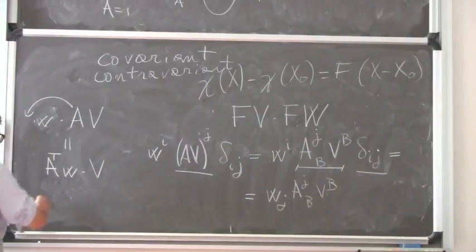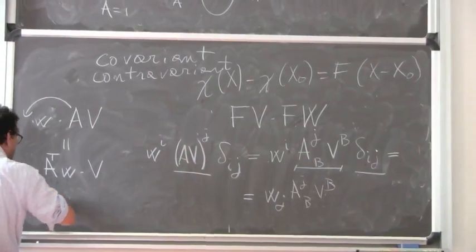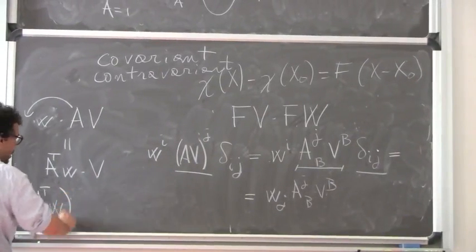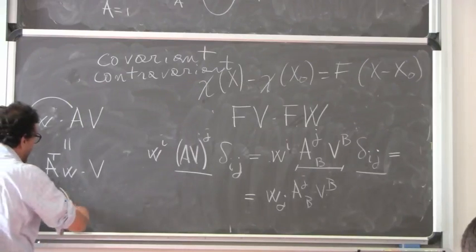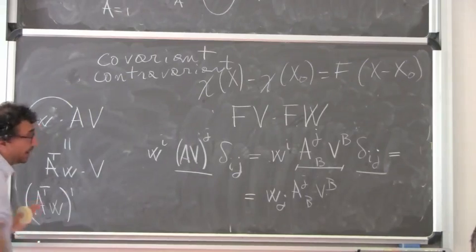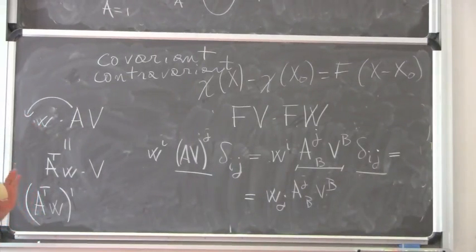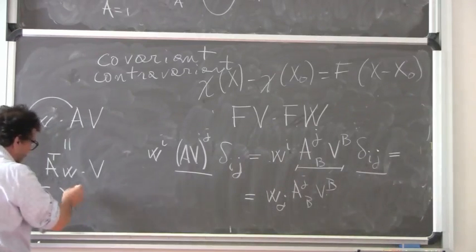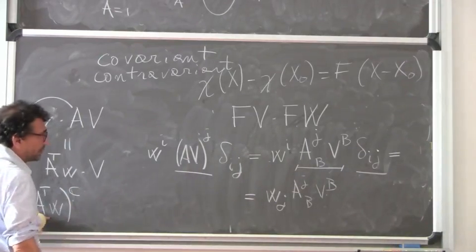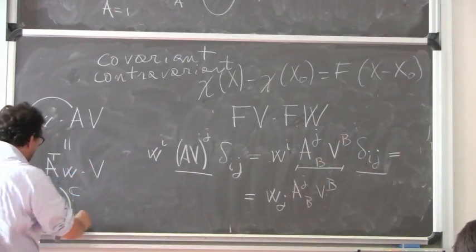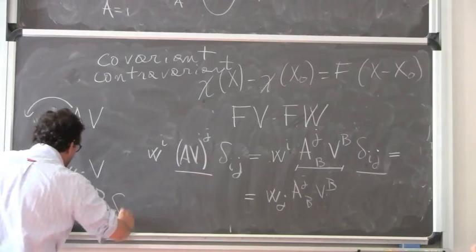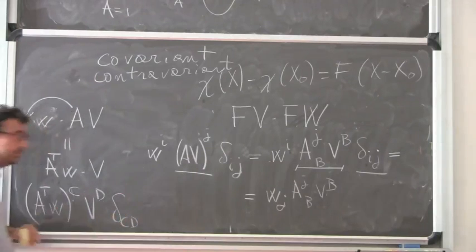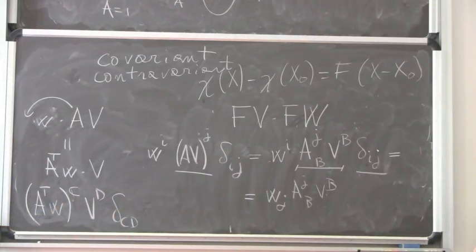Then I write A transpose W. This animal has an index. Now I must be careful in choosing the indices. So let's choose C, different from the others. V_D delta_CD.